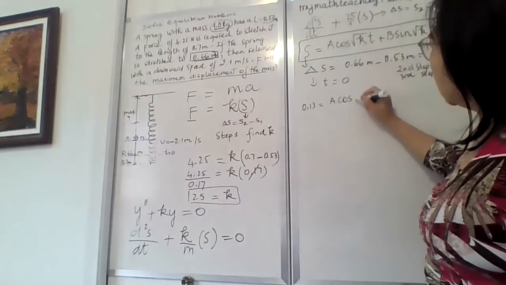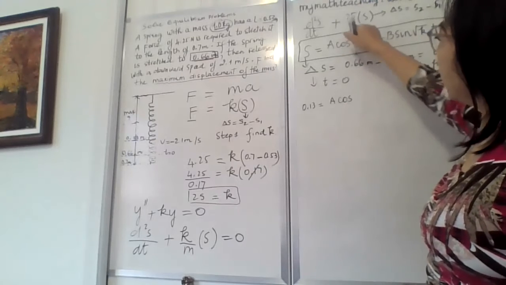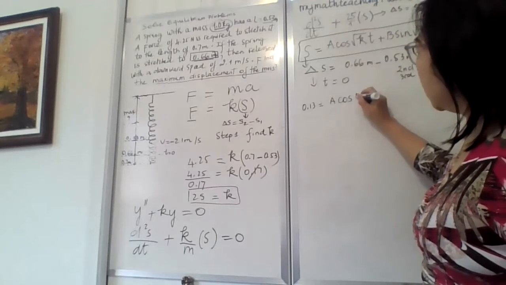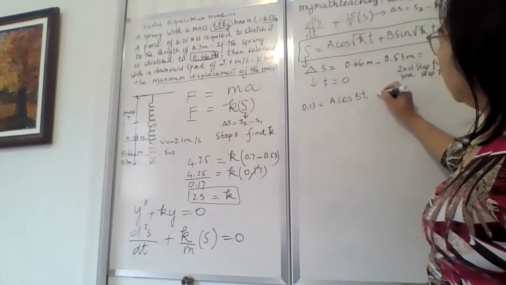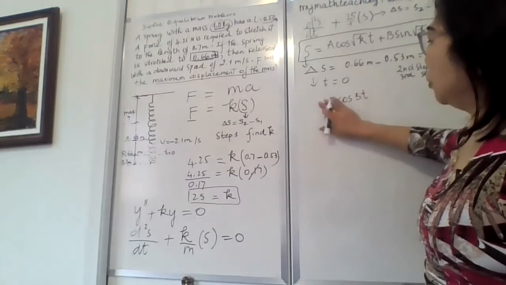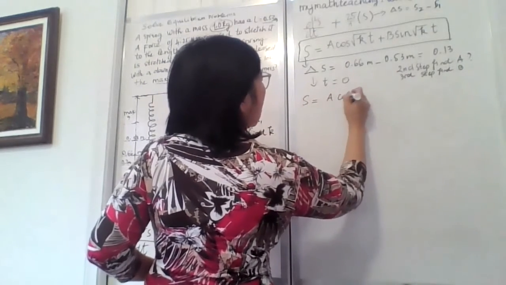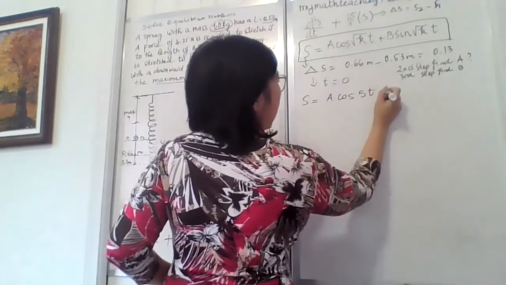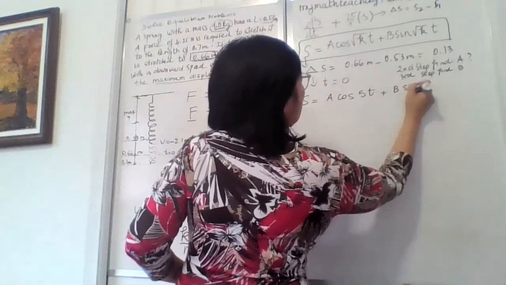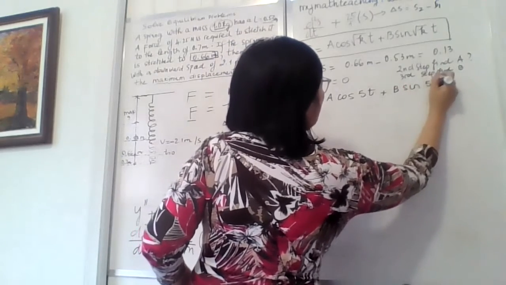So now we substitute the square root of k, which is the square root of 25, which is 5. So let's write out the formula first, okay? Just be careful. I'm going to write A cos of 5t, because the square root of k is 5, adding with B sine of 5t as well.